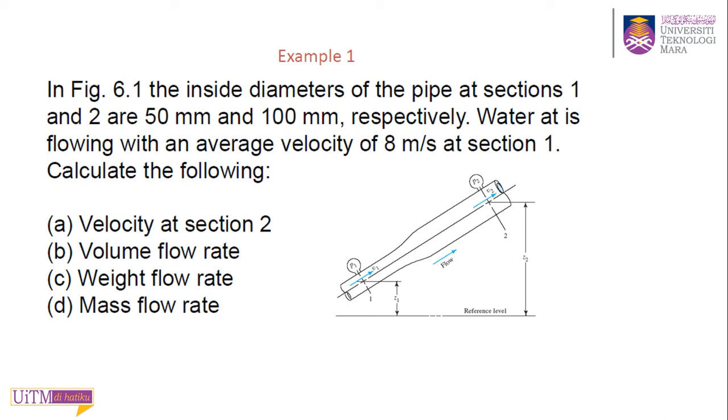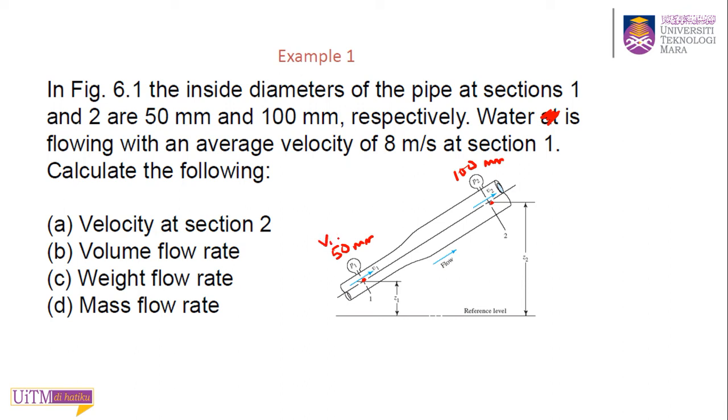In figure 6.1, the inside diameter of the pipe at section 1 and section 2 is 50 mm, 50 mm, and 100 mm. Water is flowing with an average velocity of 8 meter per second at section 1.